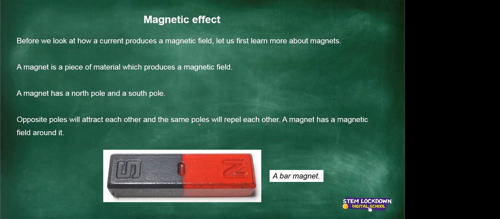Another word for same poles is like poles. A magnet has a magnetic field around it, going in all directions. So you need to learn opposite poles attract each other and like poles repel each other.